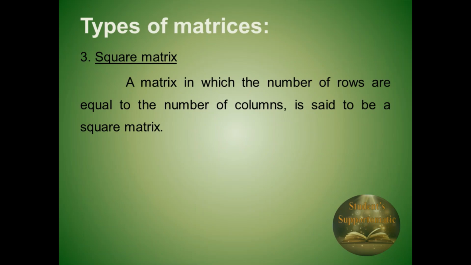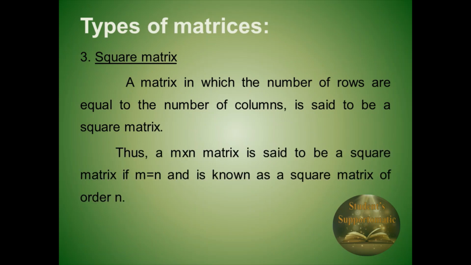Thus, an m by n matrix is said to be a square matrix if m is equal to n, and is known as a square matrix of order n. We can call it either order n or order m, because both are equal.